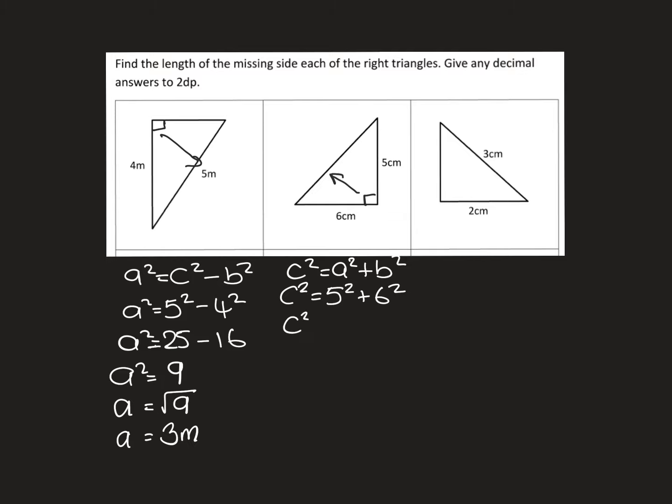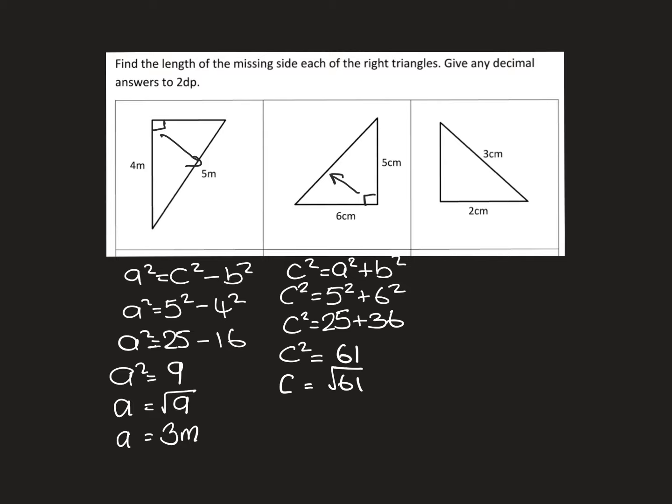5 squared is 25, 5 times 5. 6 squared is 36, 6 times 6. And then we're going to need to add those together. So 25 plus 36 is 61. That's what c squared is. Then we're going to need to figure out c by taking the square root of 61.